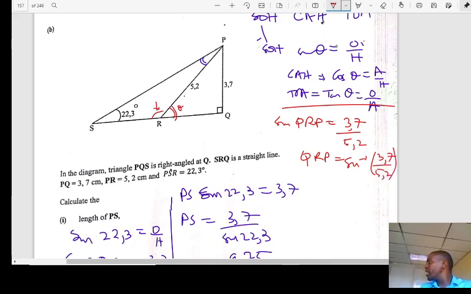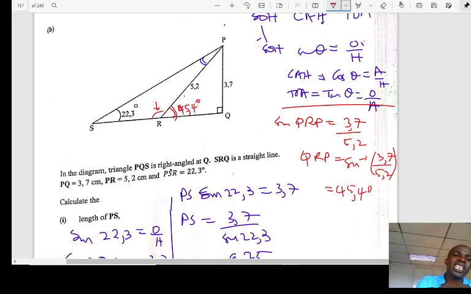So find your calculator. Arc sine of 3.7 divided by 5.2 is 45.36, which to one decimal place is 45.4 degrees. So this angle is 45.4 degrees.